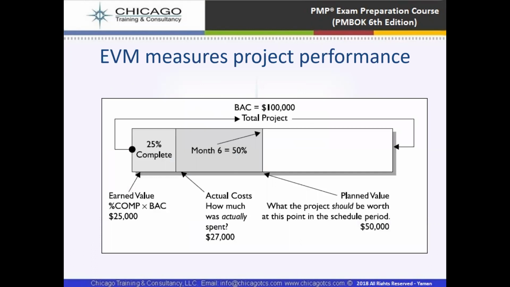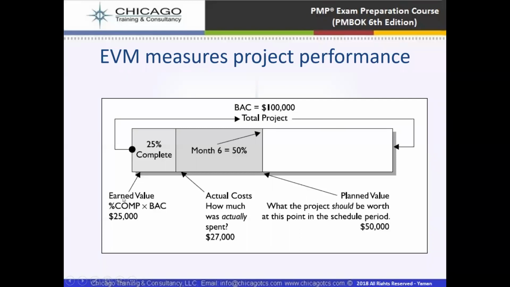So let's say, for example, the budget at completion is $100,000. 25% of the project is complete, and month 6 is $50,000. So this is our plan value: what the project should be worth at this point in the schedule. This is $50,000 because the total project cost is $100,000.